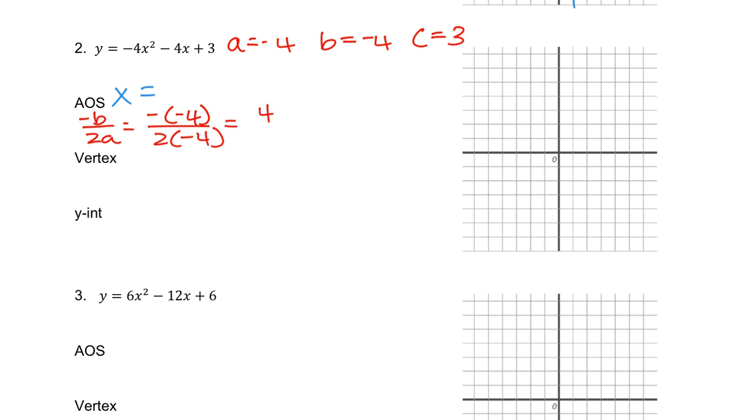So that's 4 over -8, so -1/2. Did y'all get -1/2 for the axis of symmetry? Yes. So that means I'm just going over a half, so it's like in between 0 and 1.